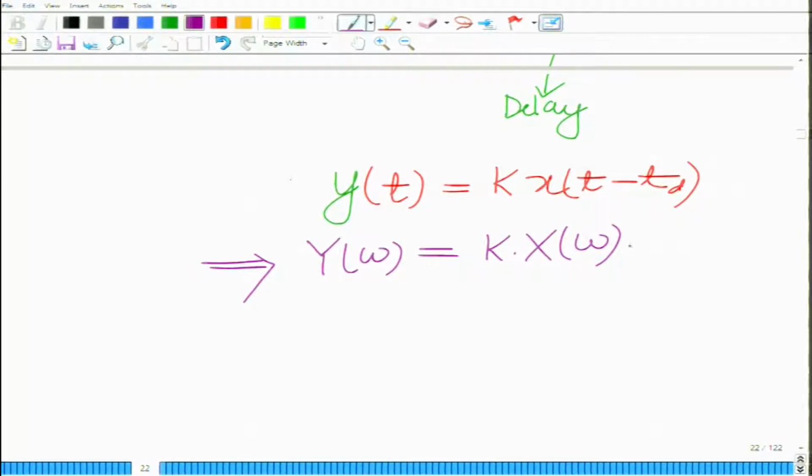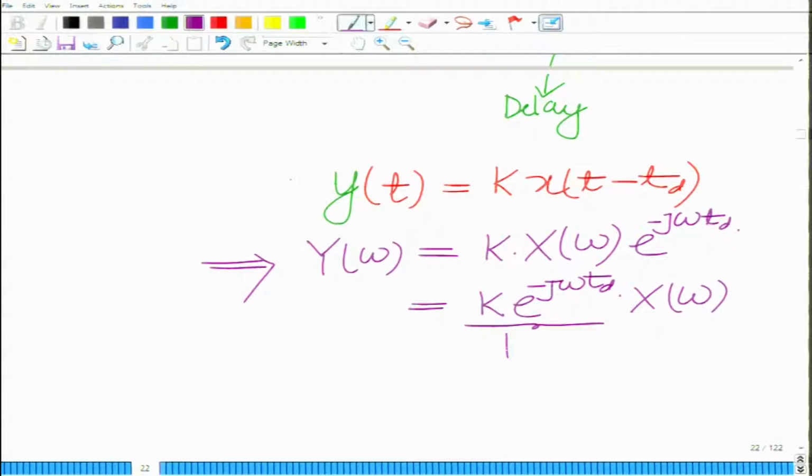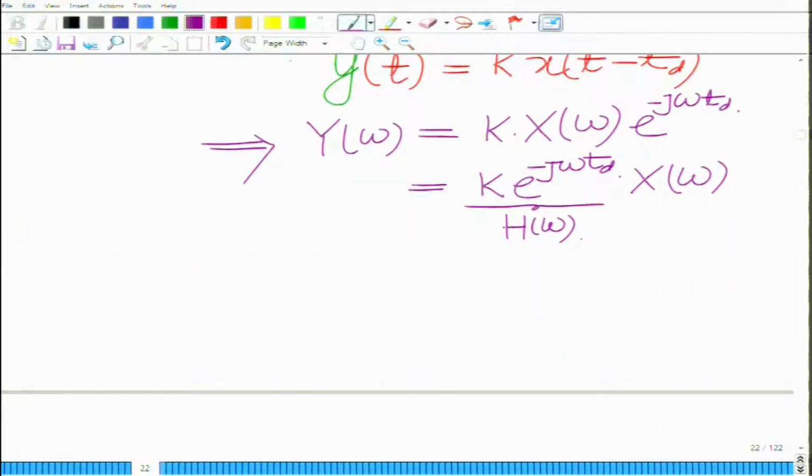So, the Fourier transform is X(omega) e raised to minus j omega t_d, which is basically k e raised to minus j omega t_d times X(omega), and now you can see this is nothing but your frequency response H(omega) of this distortionless system.